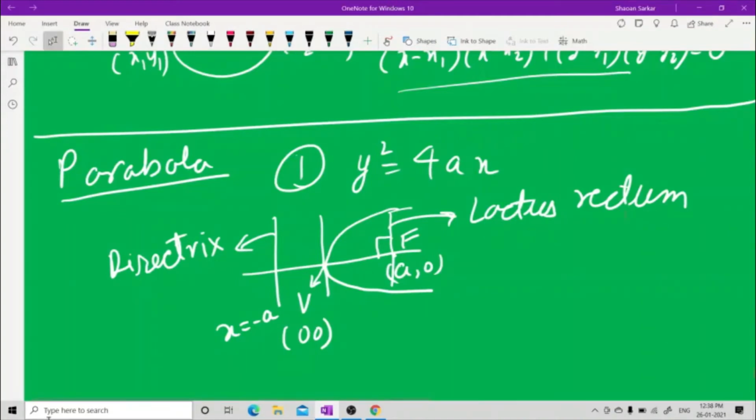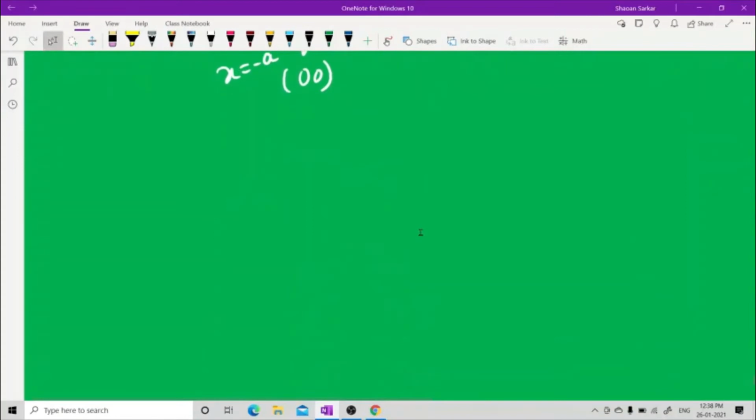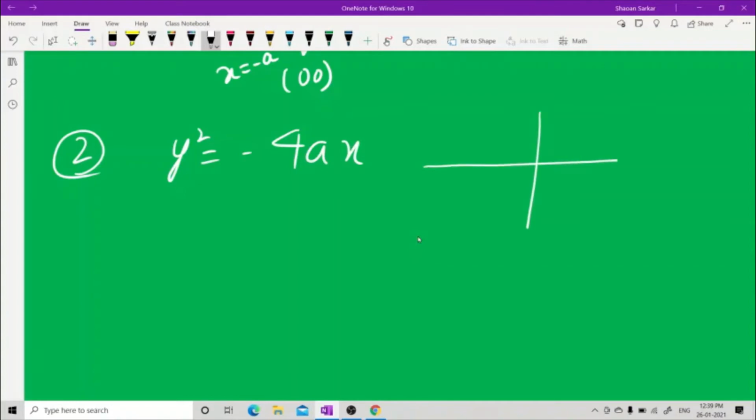The second type is y square equals minus 4ax. Here we will draw the line. This is our vertex, V, 0, 0.